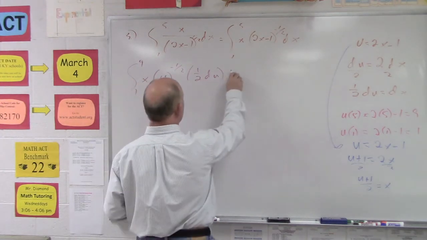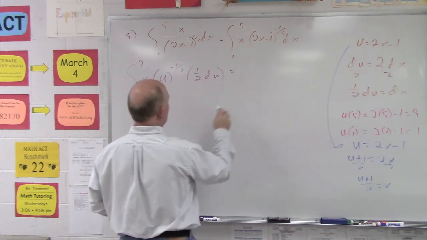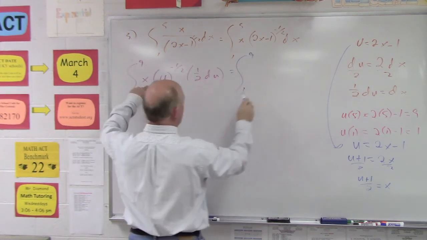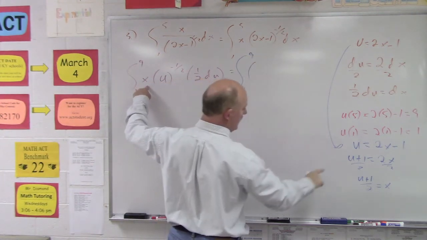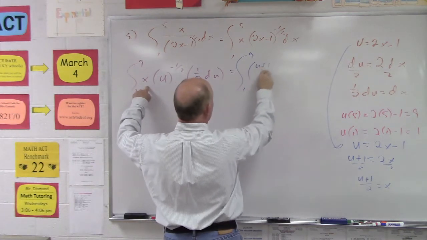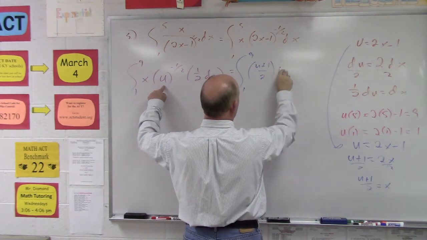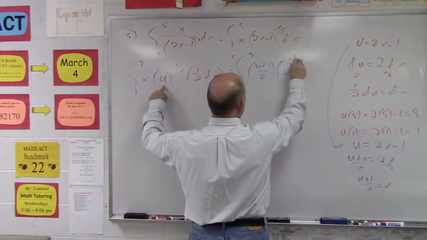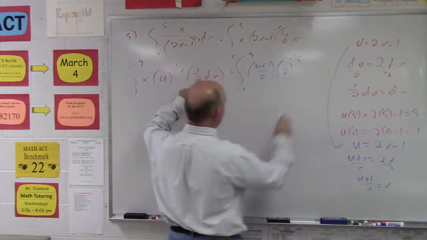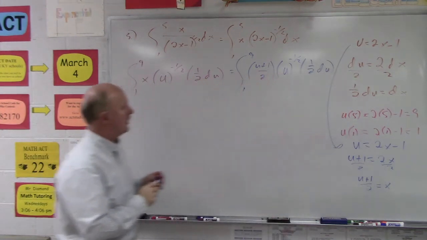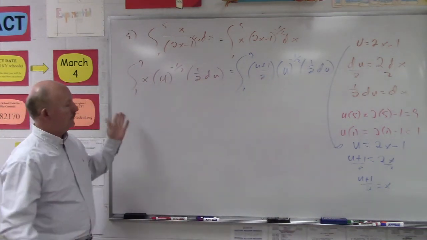All right, so our integral becomes the integral from 1 to 9. Let's see, x will be (u plus 1) over 2, times u to the negative 1/2 power times 1/2 du. Hopefully you can see what we did.